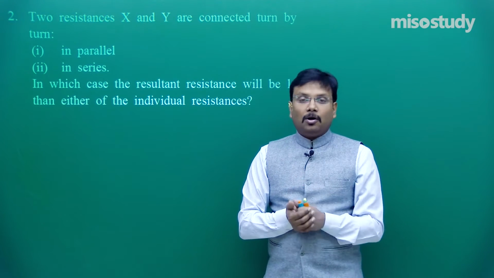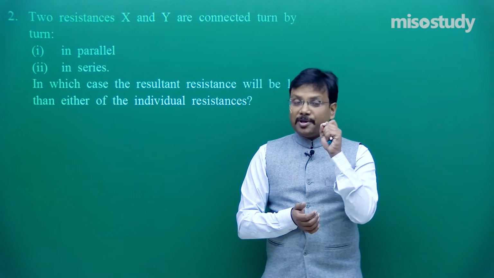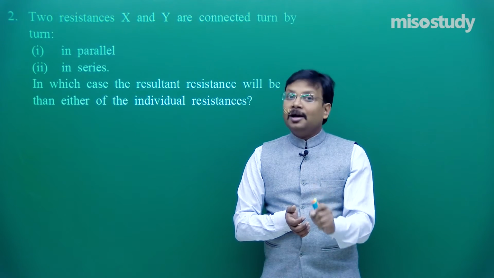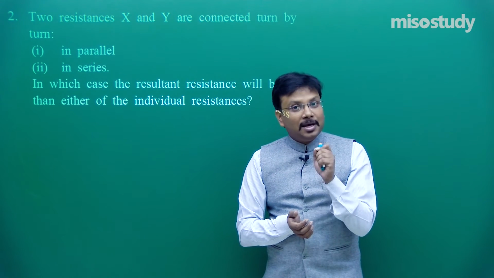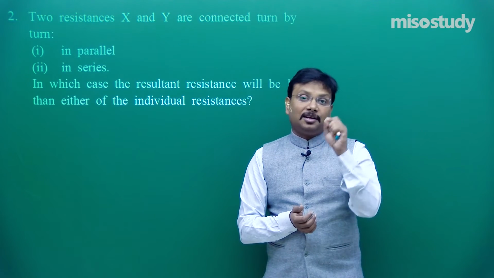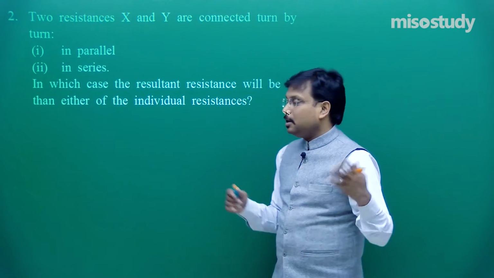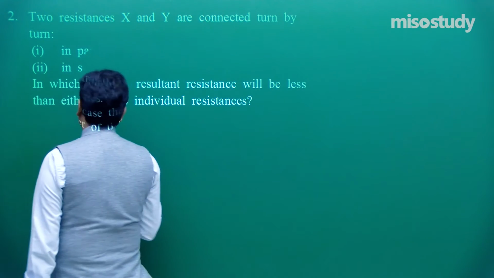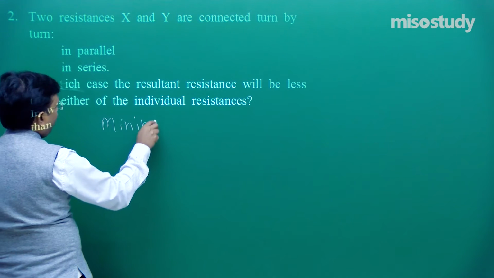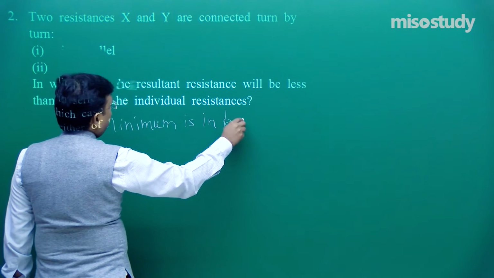Now, if you try to recall, during the explanation of the parallel combinations, specifically I mentioned that the resultant is going to be lesser than the smallest value of resistance present in the combination. So, if you have observed that video properly, without any thinking you will say minimum is in parallel.